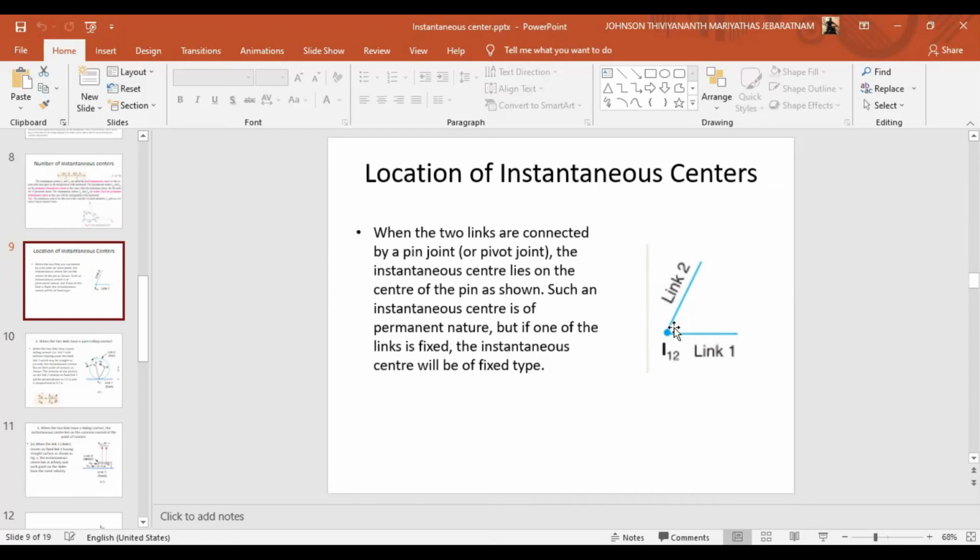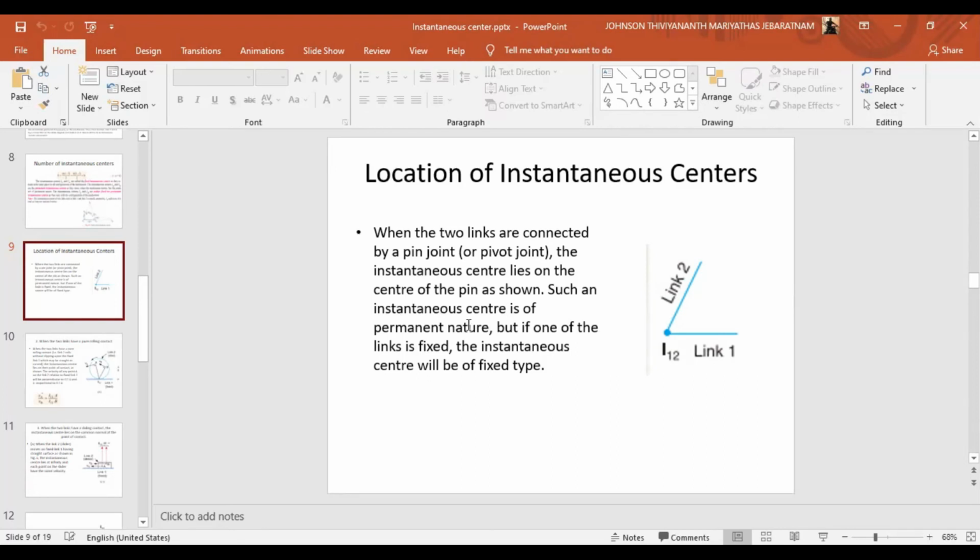And this instantaneous center is known as I12, link 1, link 2. The instantaneous center between link 1 and link 2.